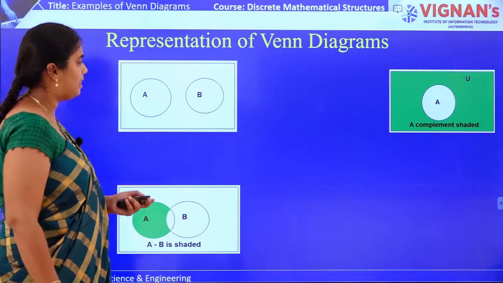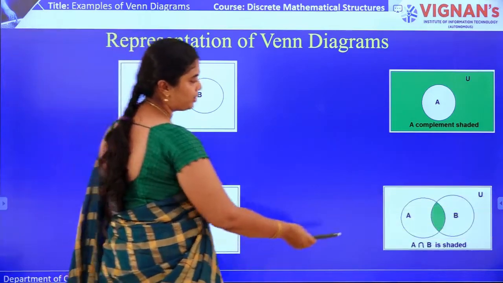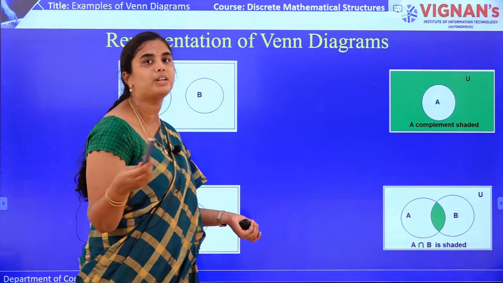Okay? And the next operation is A intersection B. What is intersection? Intersection is nothing but common elements.